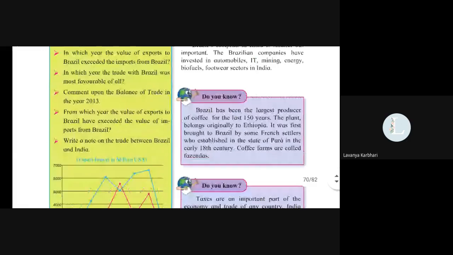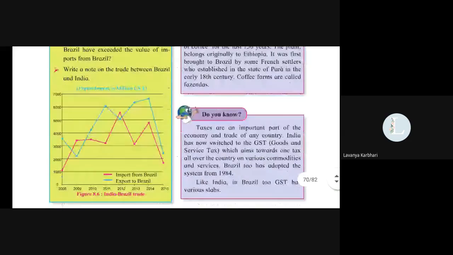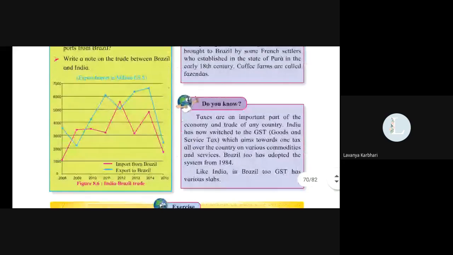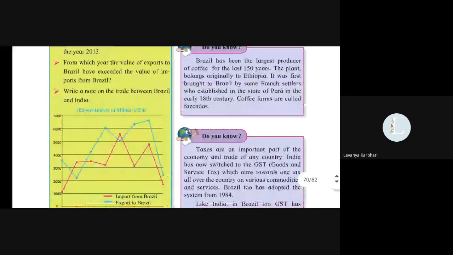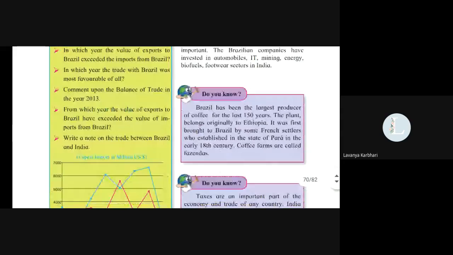In which year was the trade with Brazil most favorable to all? So friends, in 2013 we can say the import was minimum and export was almost maximum. So in 2013 trade was favorable to us, but they have asked favorable to all.